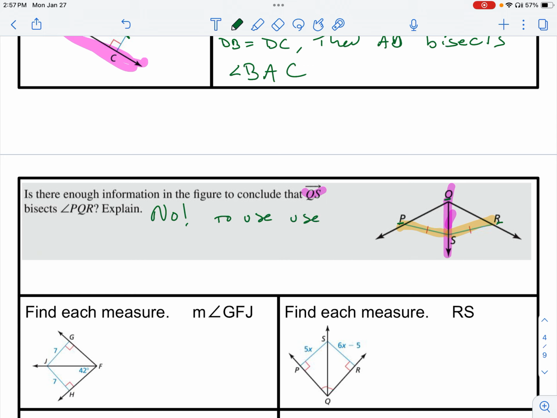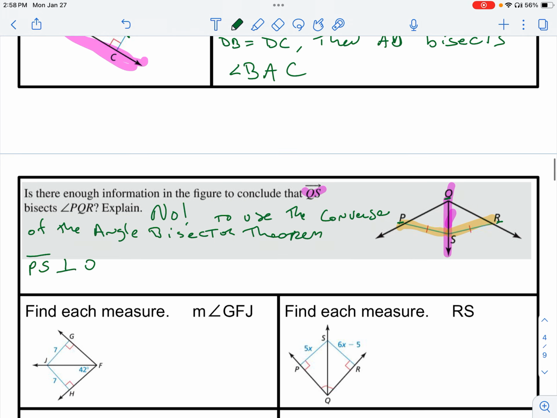So to use the converse of the angle bisector theorem, segment PS must be perpendicular to ray QP, and segment RS must be perpendicular to ray QR.